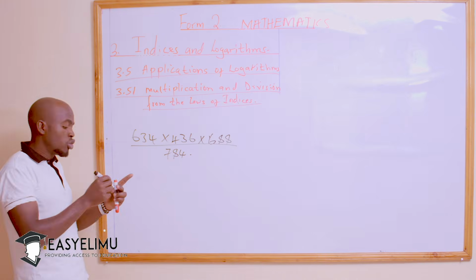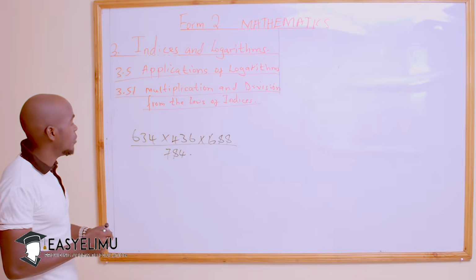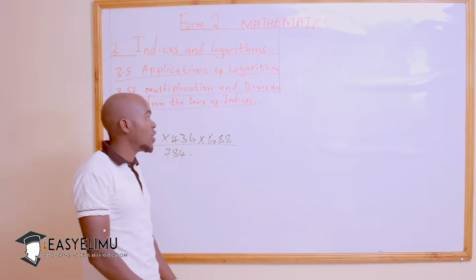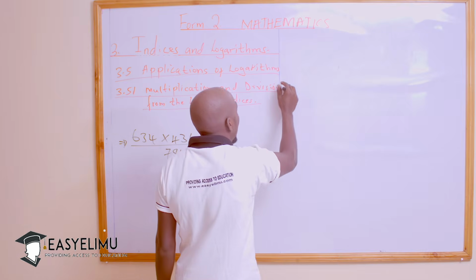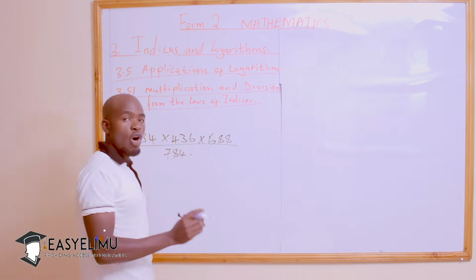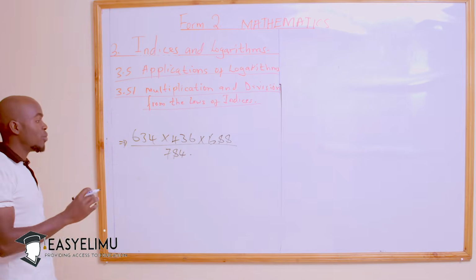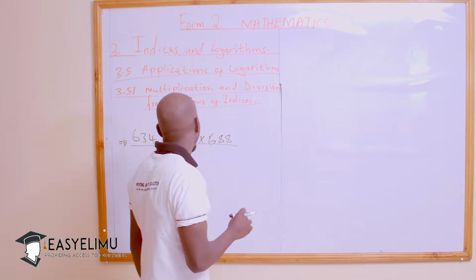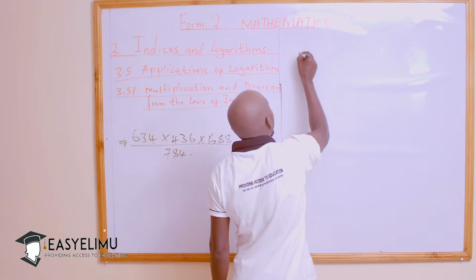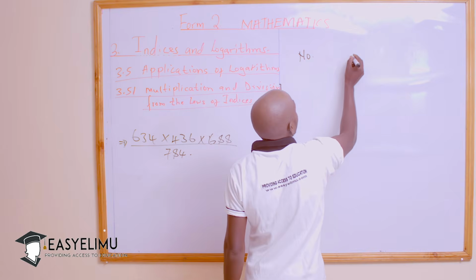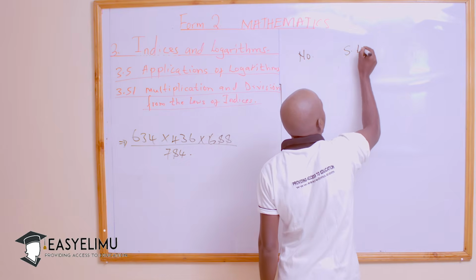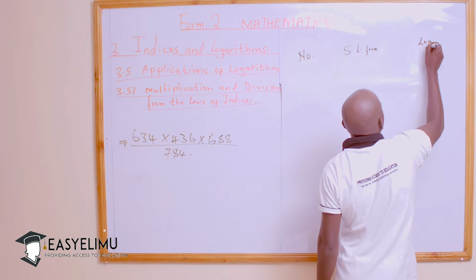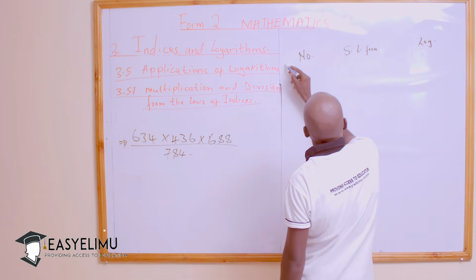Now you are being told to compute this using logarithm, and what you are required to do here is what I told you about planning. Planning your work, rearranging it more neatly so that you avoid confusion. And that includes, you write the number here, then the standard form of the number, then you find the logarithm of that number and the computation of that column.